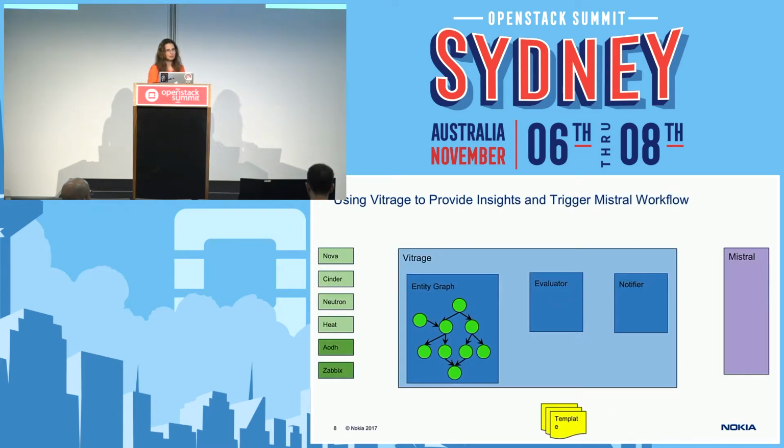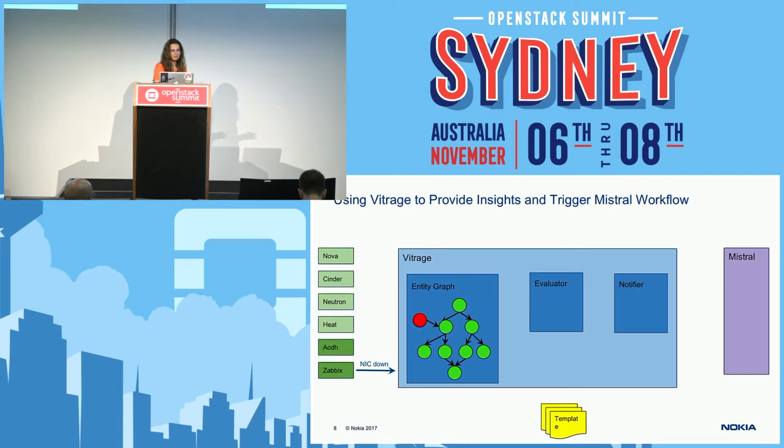Now I'm going to drill down into the details of how Vitrage implemented this specific demo. As we said, Zabbix notified Vitrage about the failure. Vitrage holds an entity graph with the updated state of the system, so Vitrage updated the failure in the graph.